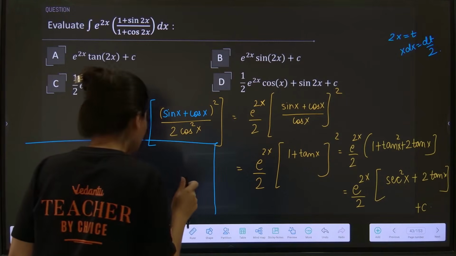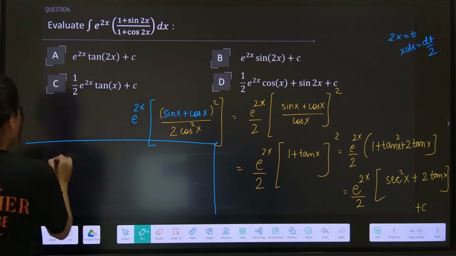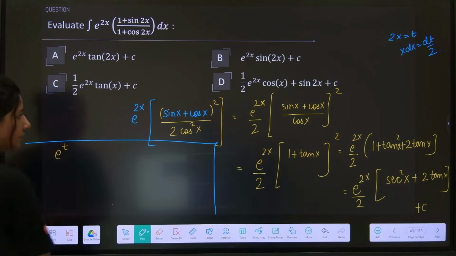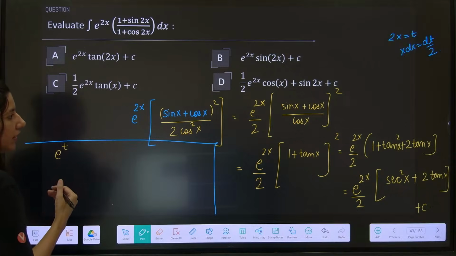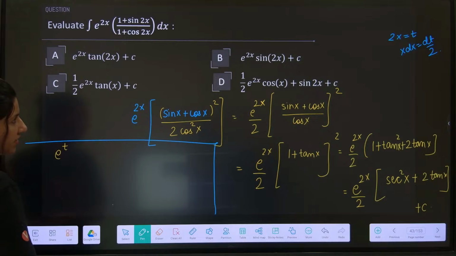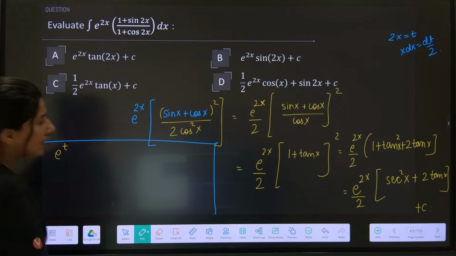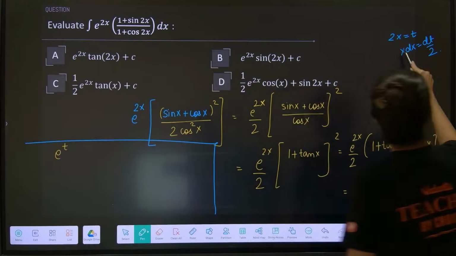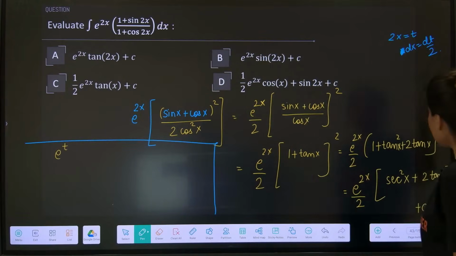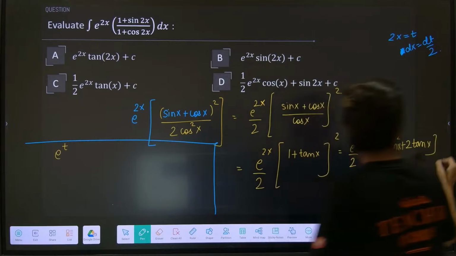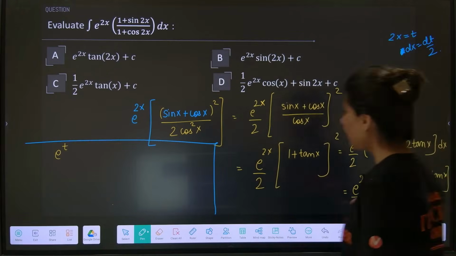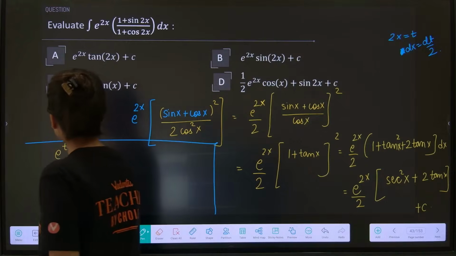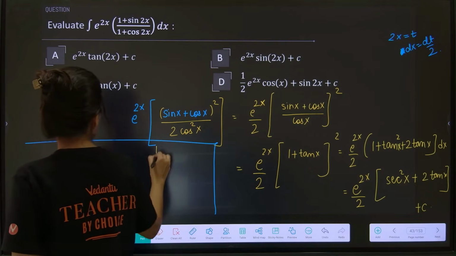So e power 2x becomes e power t, and dx is dt by 2.